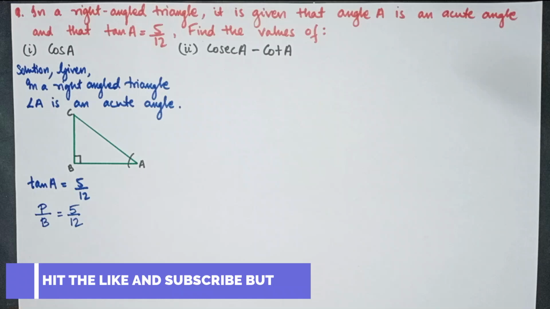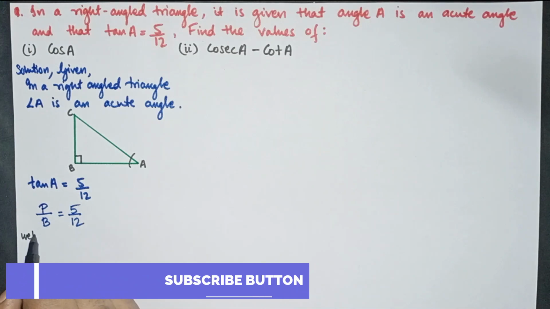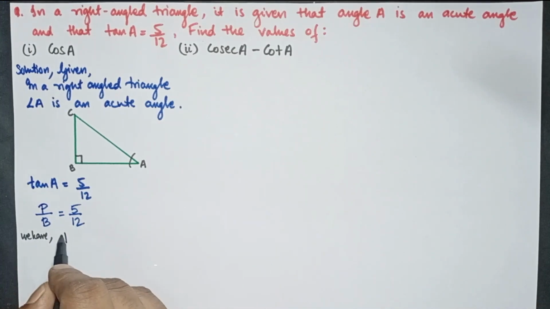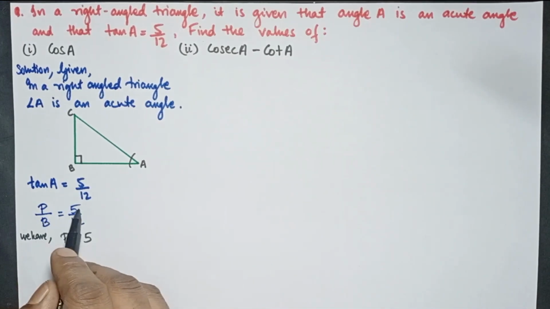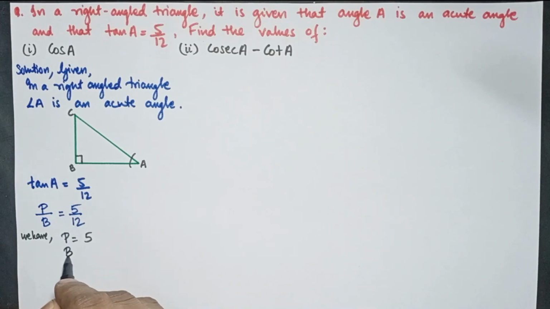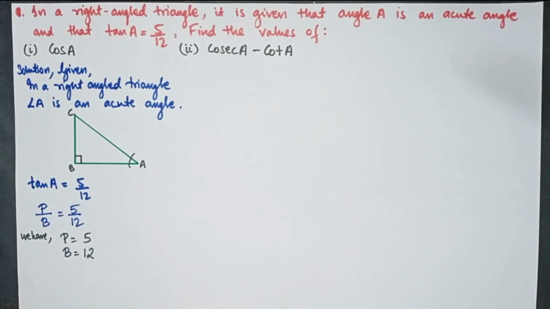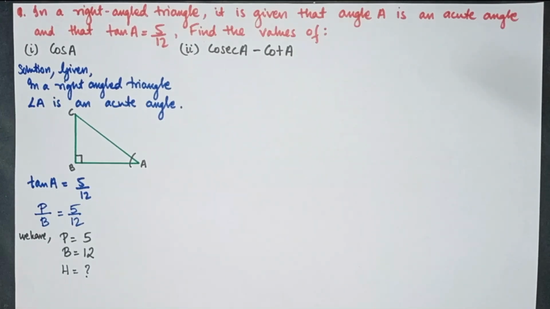To find the hypotenuse we use the Pythagoras theorem. So we have perpendicular equals 5, base equals 12, and h, the hypotenuse, is the unknown, h equals question mark.